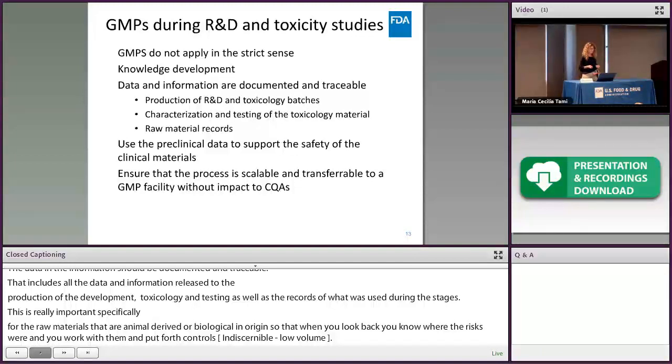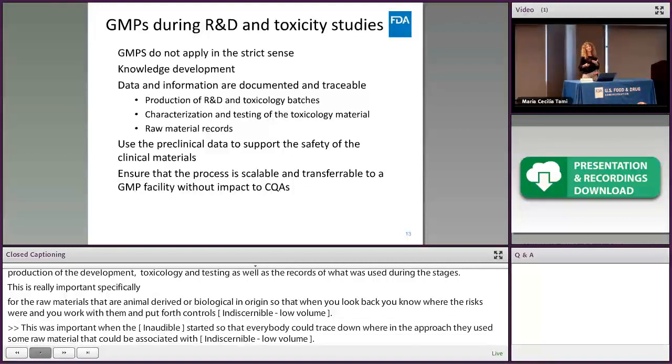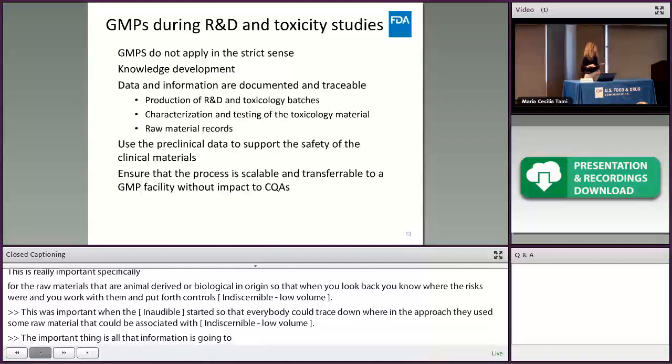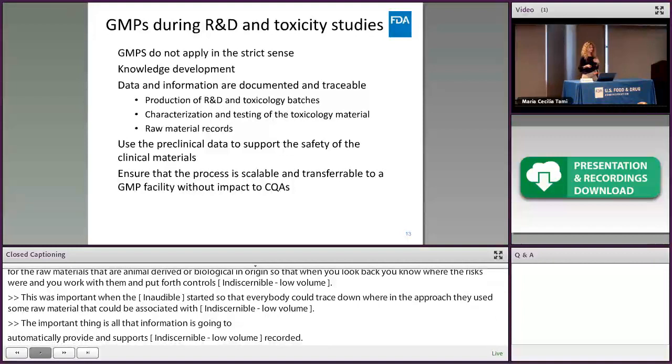And the important thing is that all that information is ultimately going to provide support to the clinical material. So it's very important that that information is recorded. And then it's going to be very useful to ensure that the process is scalable and transferable to a GMP facility without impact to the CQAs.